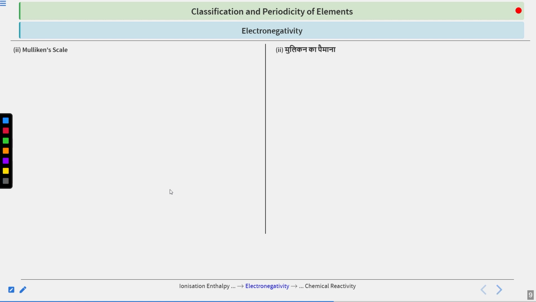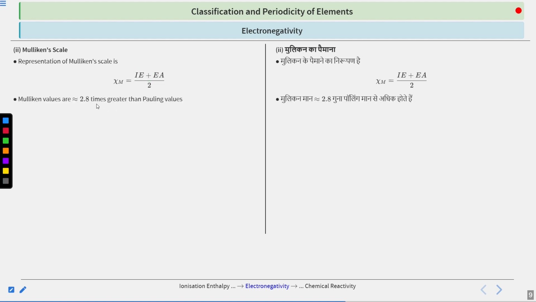Next is Mulliken's scale. What is Mulliken's scale? It is represented by a simple formula: ionization enthalpy plus electron affinity, divided by 2. Mulliken's scale is 2.8 times greater than the Pauling scale. So whatever value you get on the Pauling scale, the Mulliken scale will have a 2.8 times greater value of electronegativity for the same element.